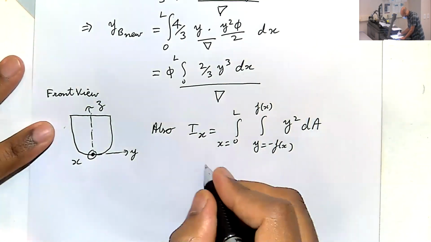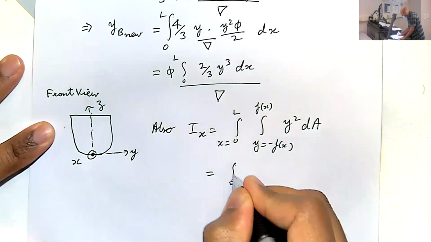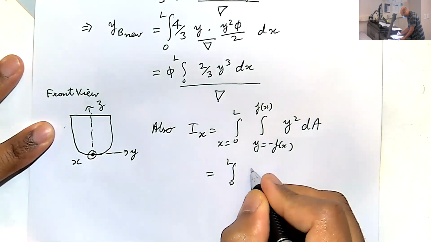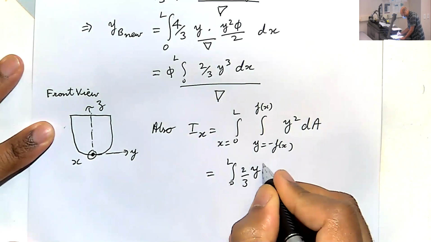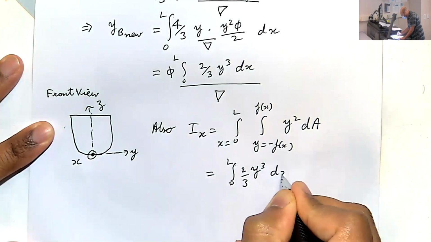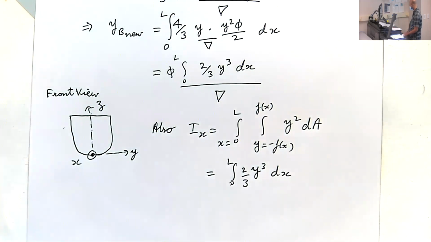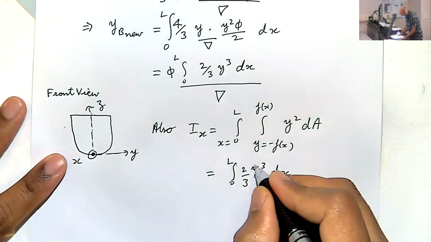You'll see this simplifies to 0 to L, 2/3 y cubed dx, or f cubed x dx.